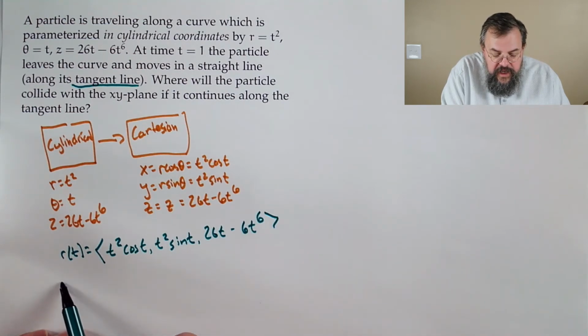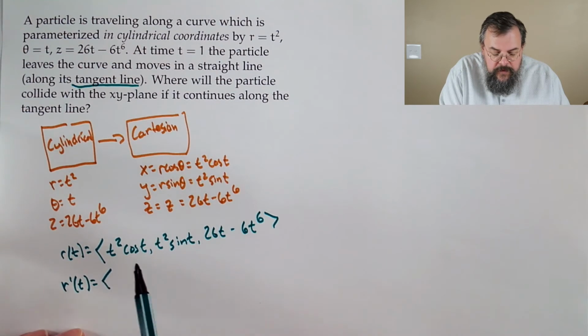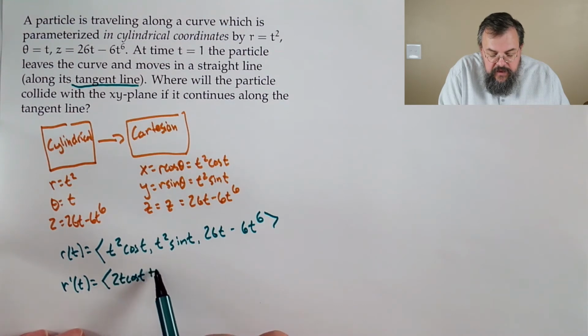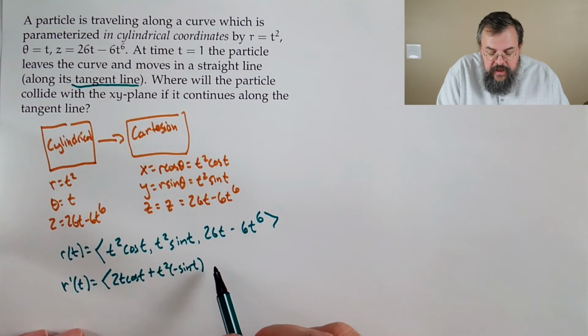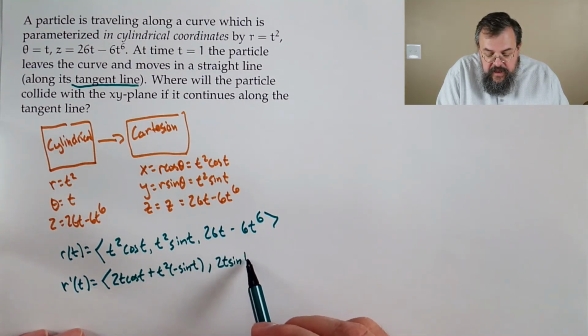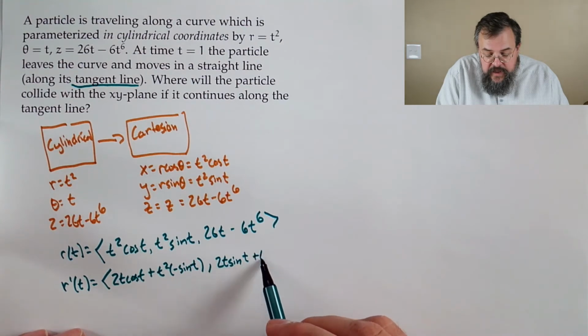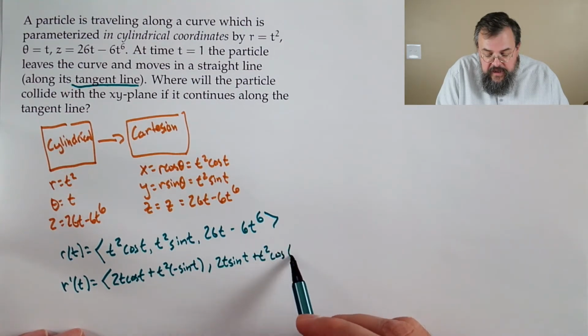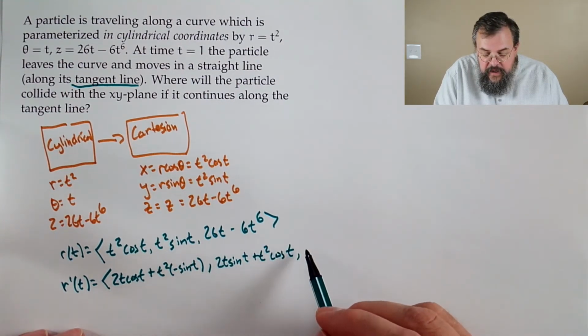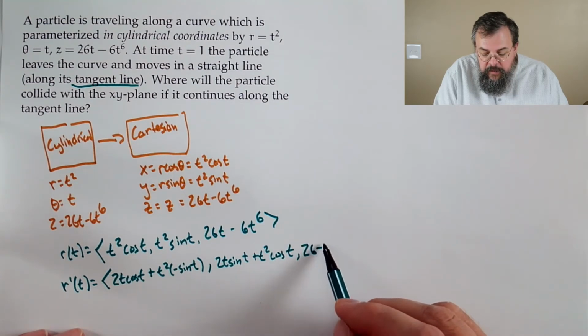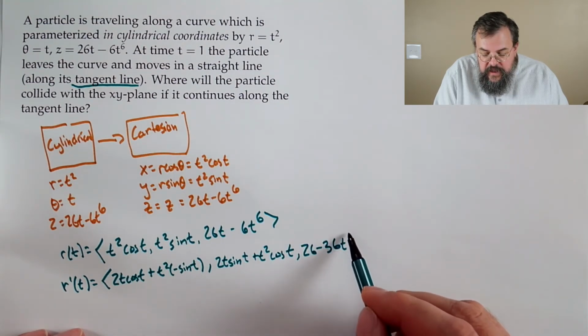When we're looking for the tangent line, we also compute r prime. I have to do a little bit of work here. Product rule: derivative of the first times the second plus the first times the derivative of the second. And similar here. And finally, 26 minus 36t to the fifth.